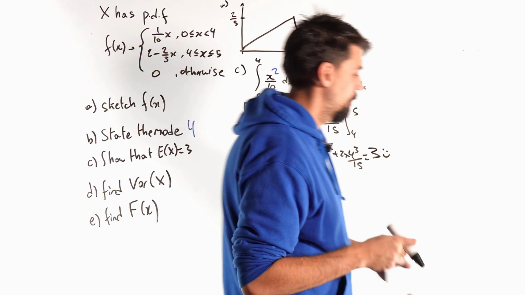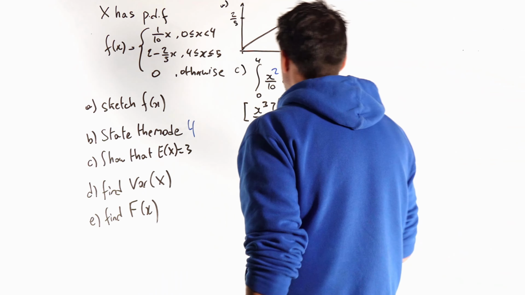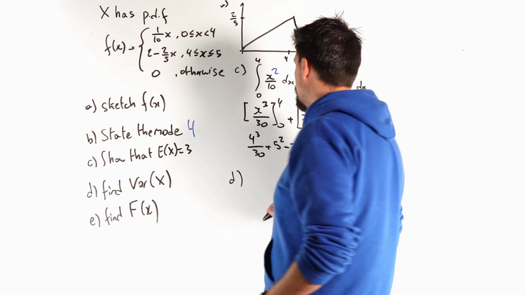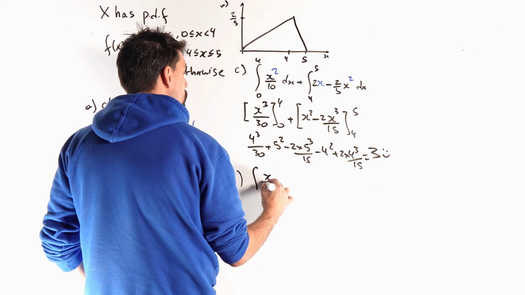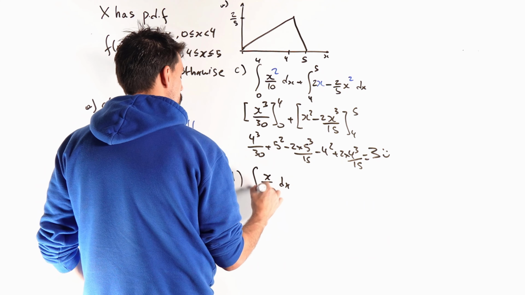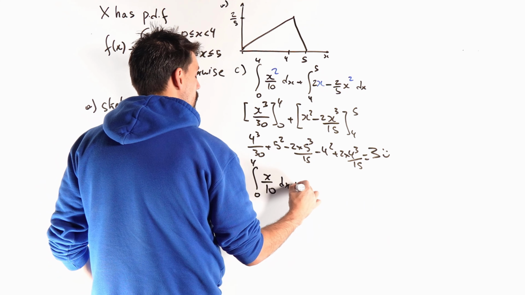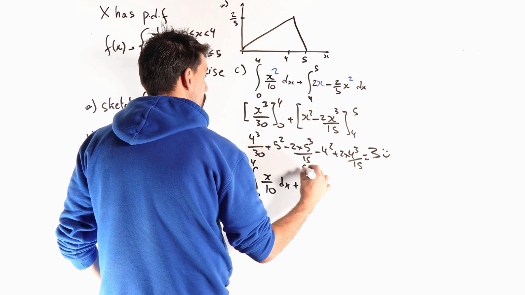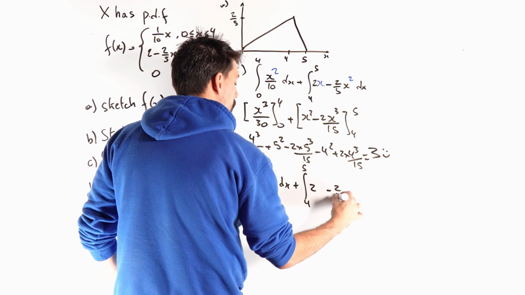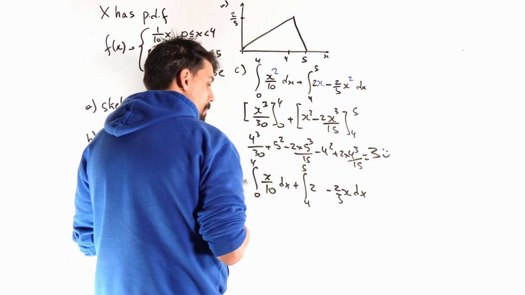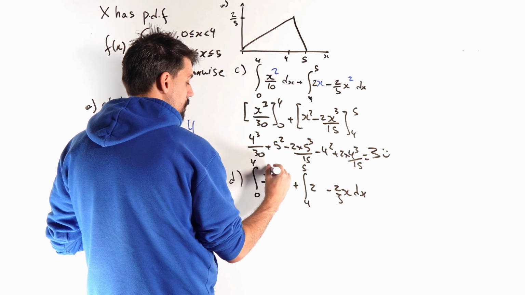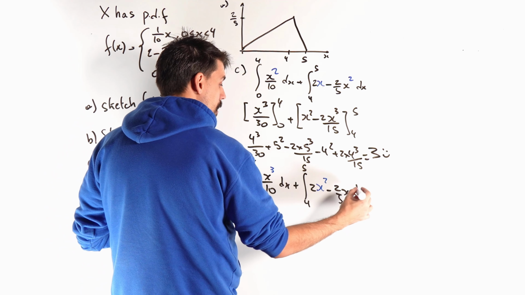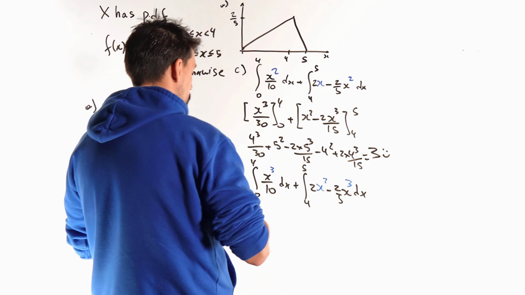Let's therefore do D, find the variance. Well, we're going to have to do the same thing. That's my f of x, except this time we multiply by x squared. So that becomes x cubed, that becomes x squared, and that becomes x cubed.